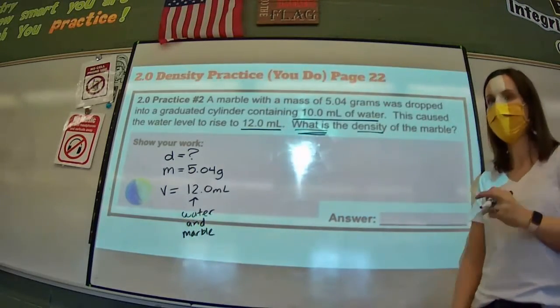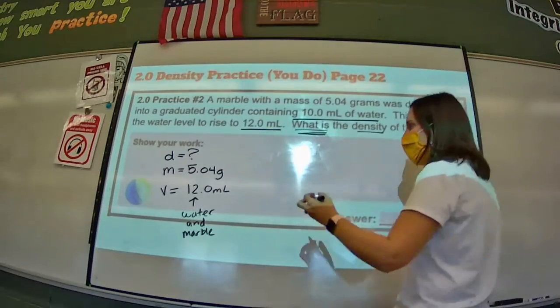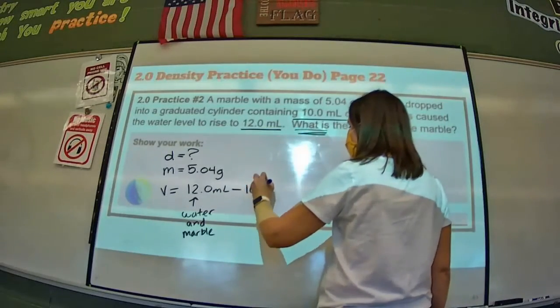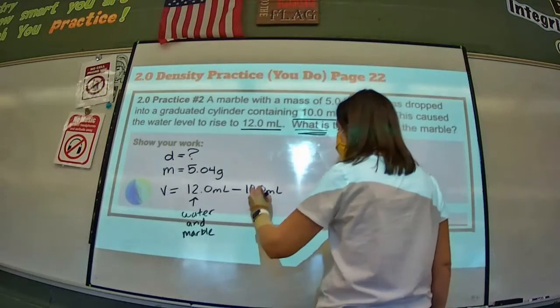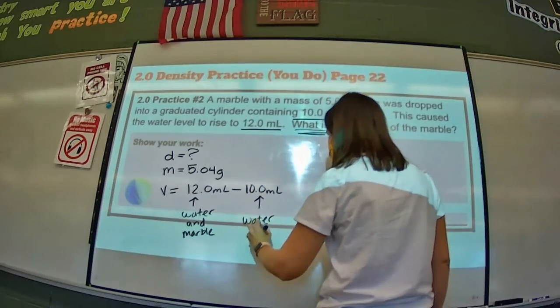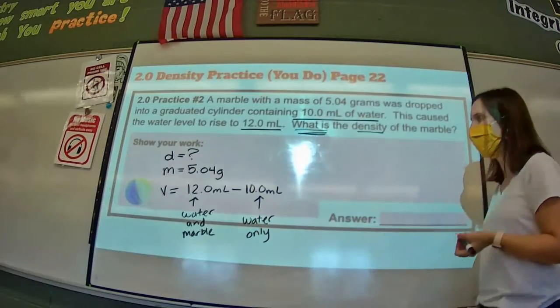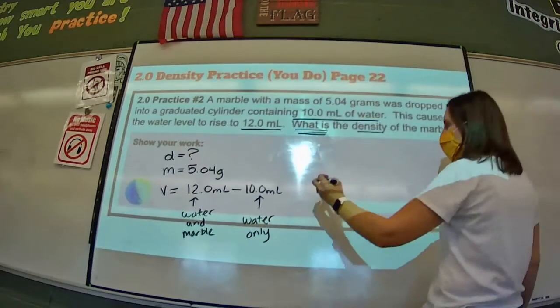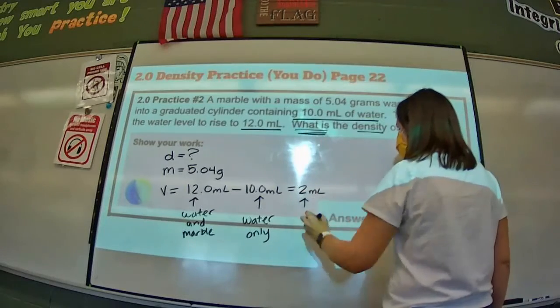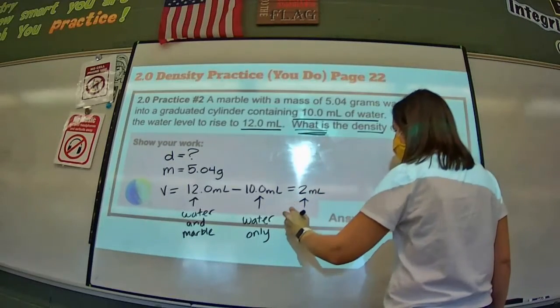We want just the volume of the marble. So I'm going to subtract from it the volume of just the water. So just the water is 10 milliliters. So water only. So when I do that, 12 minus 10, that's going to be 2 milliliters. That's going to be my volume of just the marble.